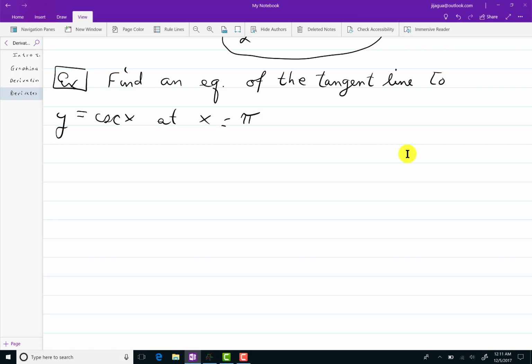Pi over 4. So what are the two things you need for such a problem here?